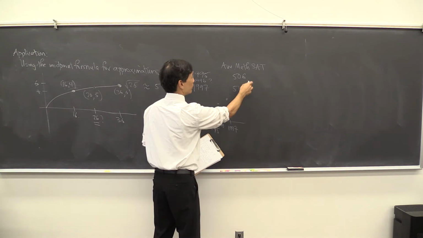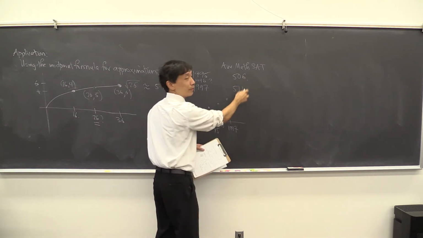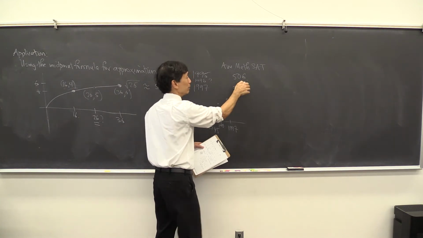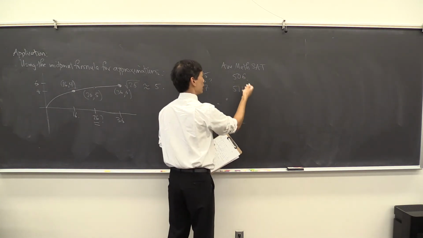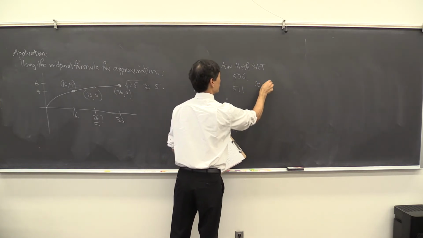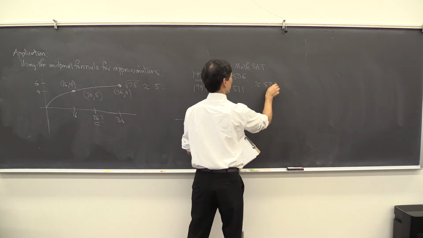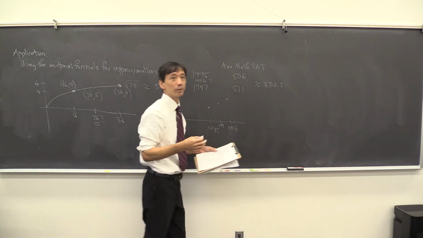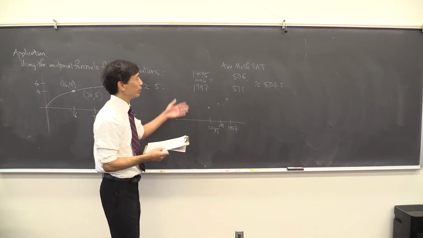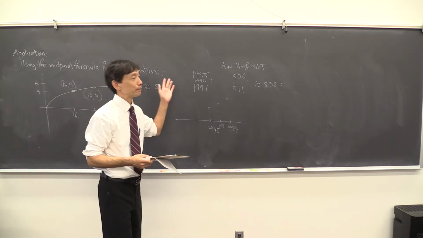What's going to be the average? Well, the difference is 5, right? So we'll just add 2.5 to the smaller, or take 2.5 away from the larger, right? So we think that the average should be around 508.5. Okay. So again, this is your midpoint formula, basically.